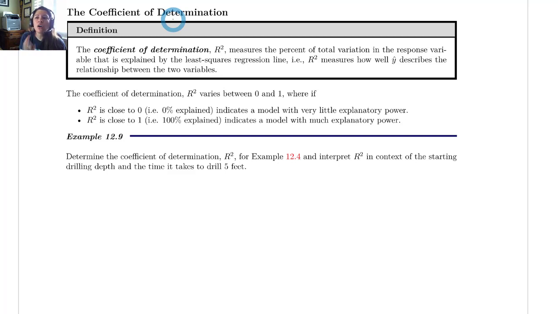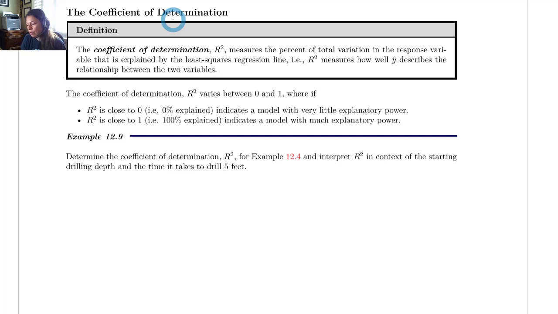So the r is the correlation coefficient, which will tell us the strength of the relationship. And when I square that r, it becomes the coefficient of determination, and it'll give me the percentage of how much that explanatory variable explains the response.